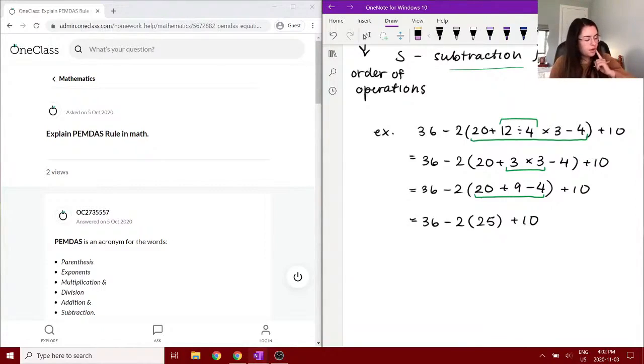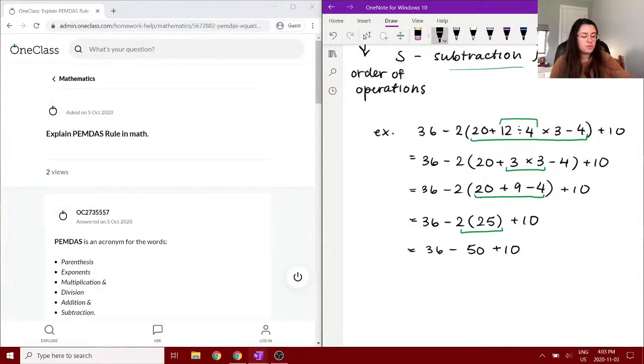Okay, so now we are at this point, and we see that we have subtraction, addition, and multiplication. So according to PEMDAS, we're going to do 2 times 25 first. So we have 36 minus 50 plus 10.